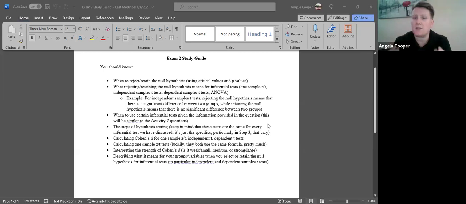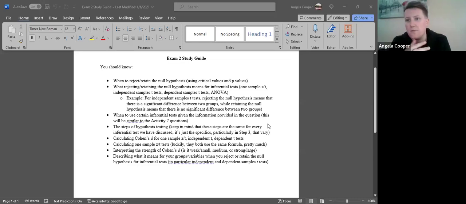This is in contrast to the dependent samples t-test, where rejecting the null is saying that there is a significant difference in the difference scores. These two groups of the same people, when we reject the null, are not equal. There's a difference between exam scores the first time versus the last time you take a final exam in the class.